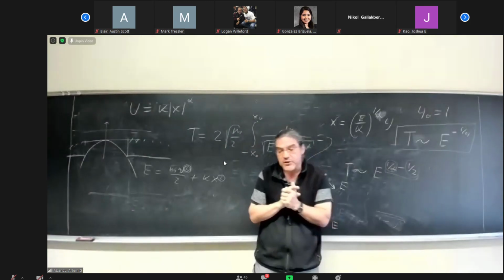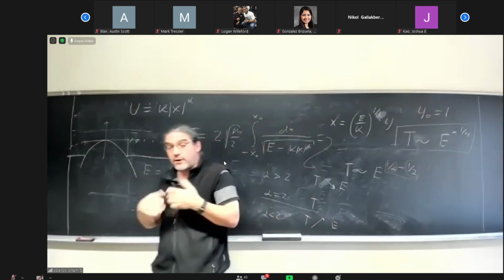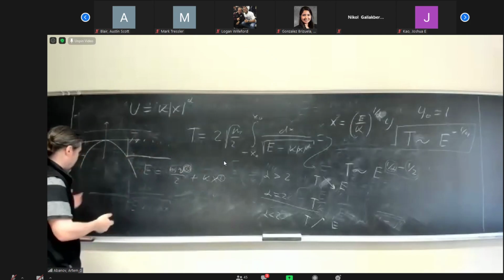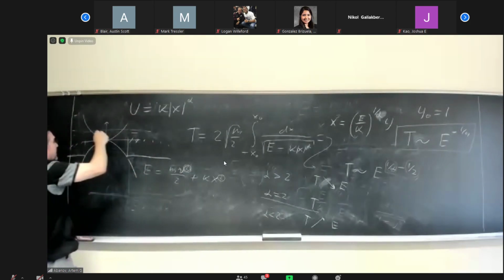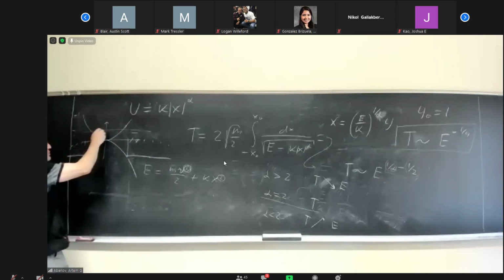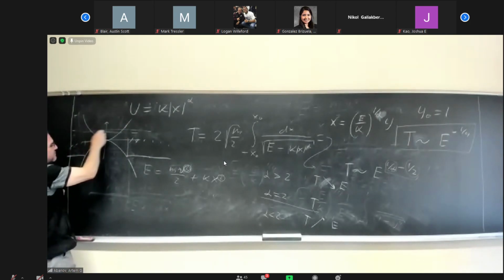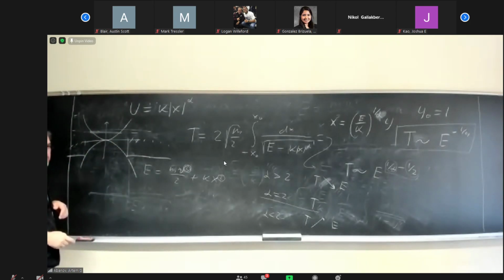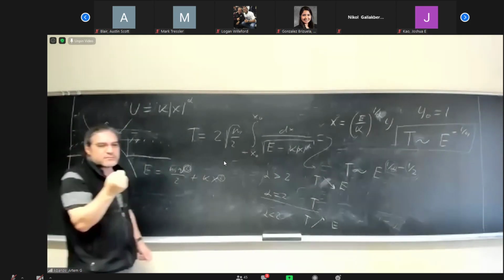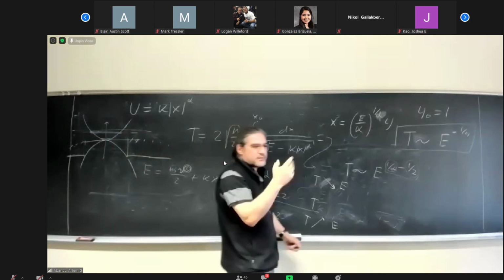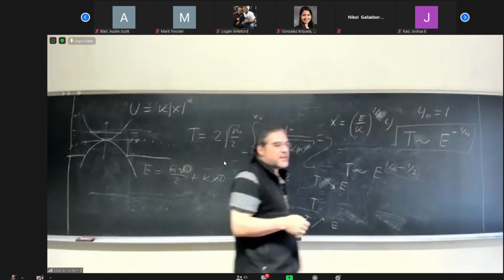Or you can think about it in the following way: if k is positive, and you have something like that, the energy. Then if you start close to 0, it will always stay close to 0. It will be oscillating back and forth, but it will never go away too much. And if your initial energy was small, then it will oscillate very close to 0. It never goes away too far, right? And that is a sort of stability.